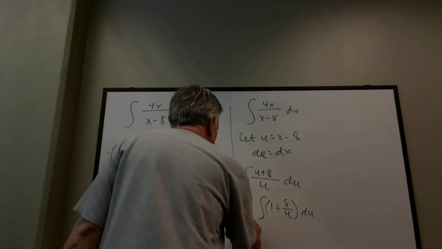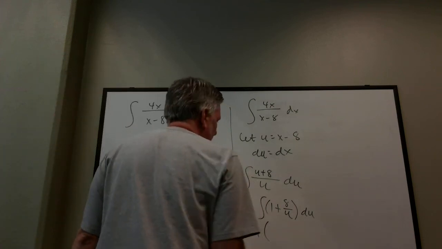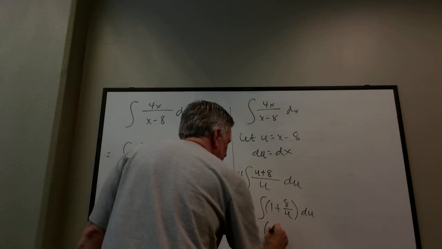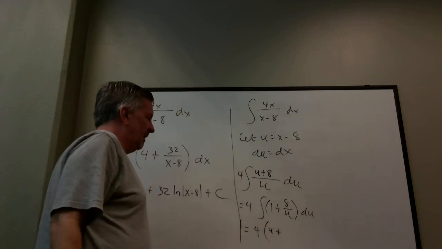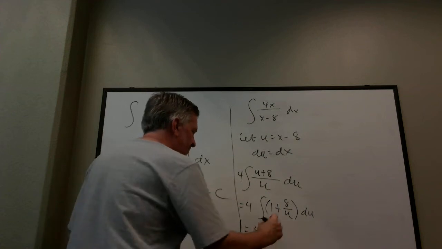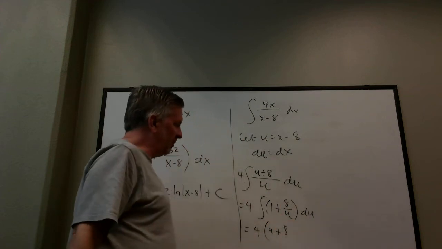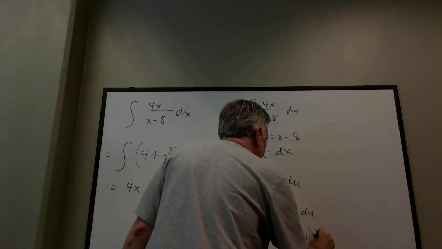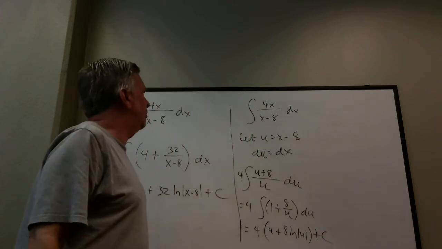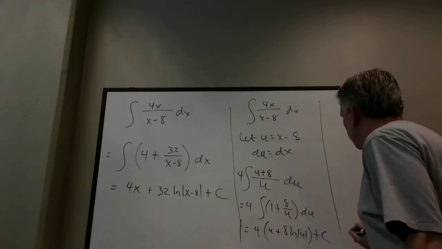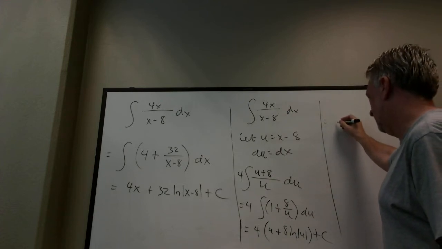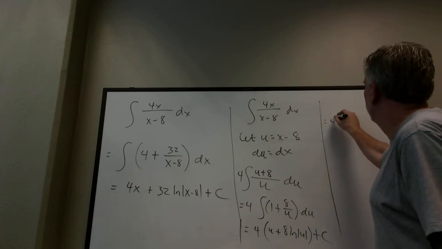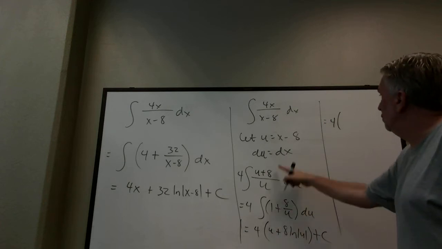Okay, so let's integrate here, 4 times. Well, the integral of 1 is u. And then the 8's no problem, but just put that up front. And then the integral of 1 over u is natural log absolute value of u. And now I have to go back to x's. u is x minus 8.